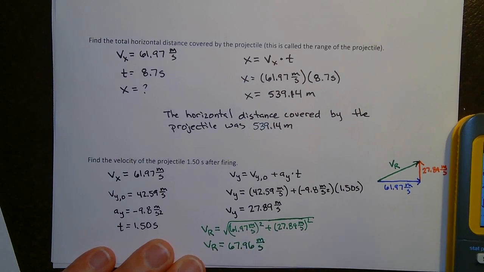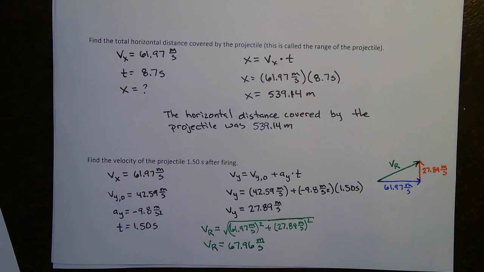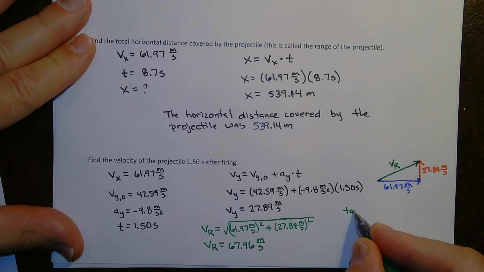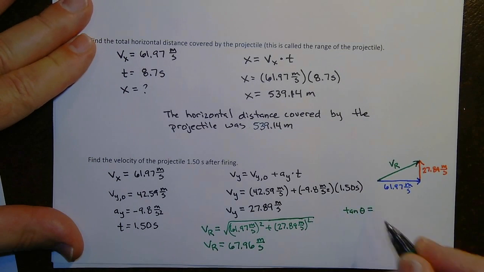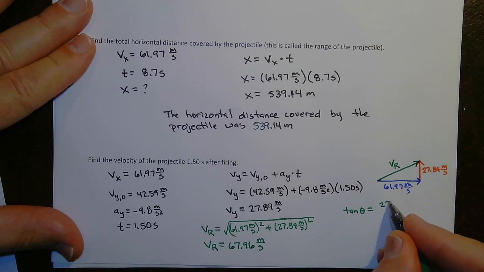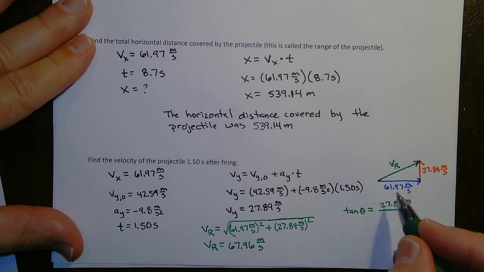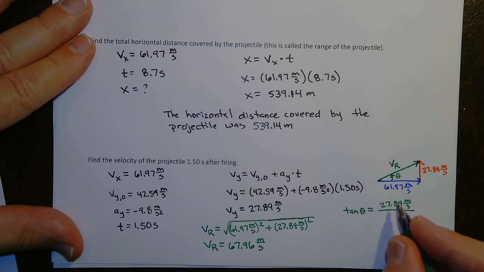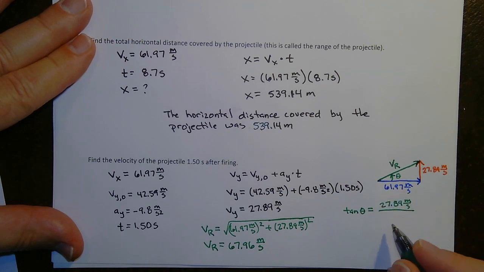meters per second. And then we have to give the direction angle, right? So we could use tan theta is equal to 27.89 meters per second over the leg, and I should say we're finding this angle right here, so then 61.97 meters per second, because that's the adjacent leg.